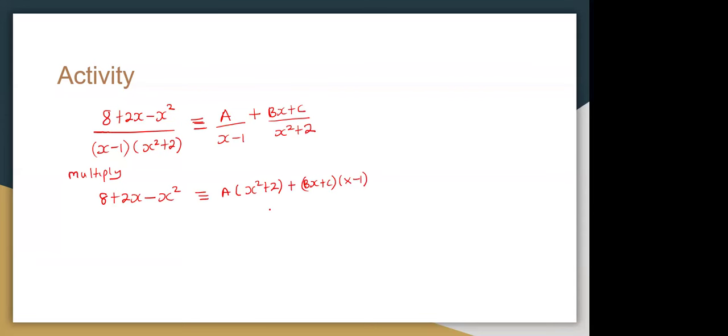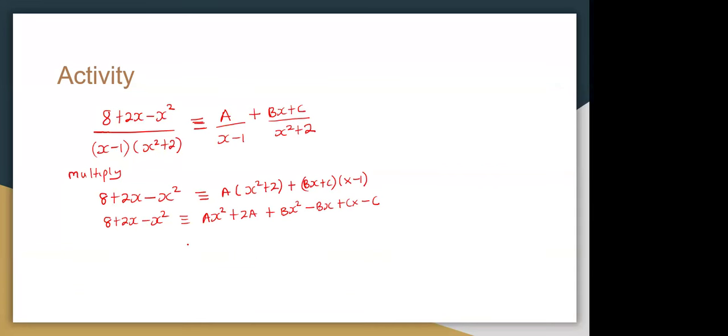Which approach did you use? The second one. Okay, Melissa, we continue. So ax squared plus 2a plus bx squared minus bx plus cx minus c.